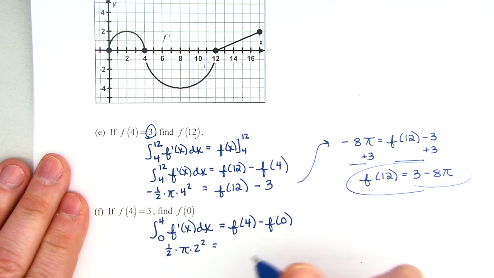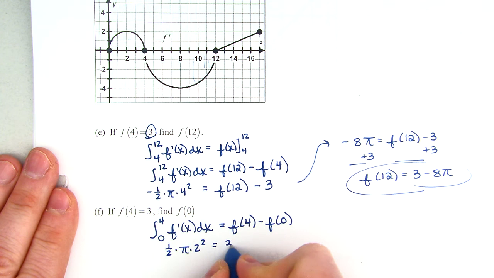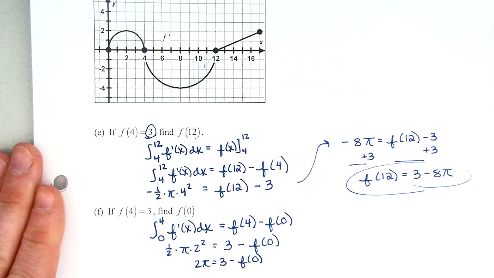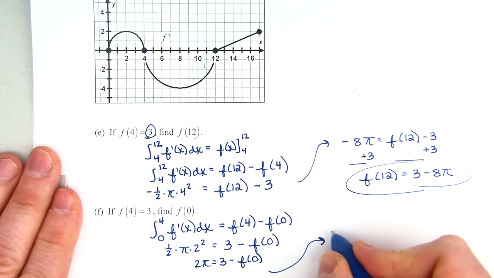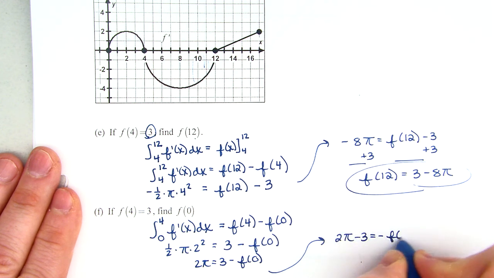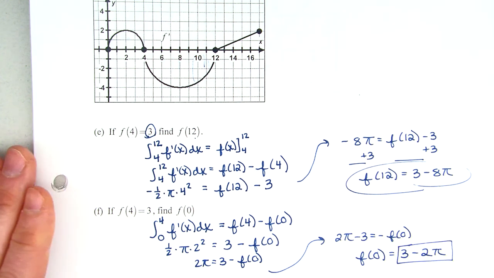That's going to equal f of 4, I know that, that's 3. f of 0, I don't know that, that's what I'm looking for. I'm going to get this. 4 divided by 2, that's 2 pi equals 3 minus f of 0. Solve that thing. How about we subtract 3 from both sides? 2 pi minus 3 equals negative f of 0. Divide everything by negative 1. f of 0 is going to be 3 minus 2 pi. There you go.